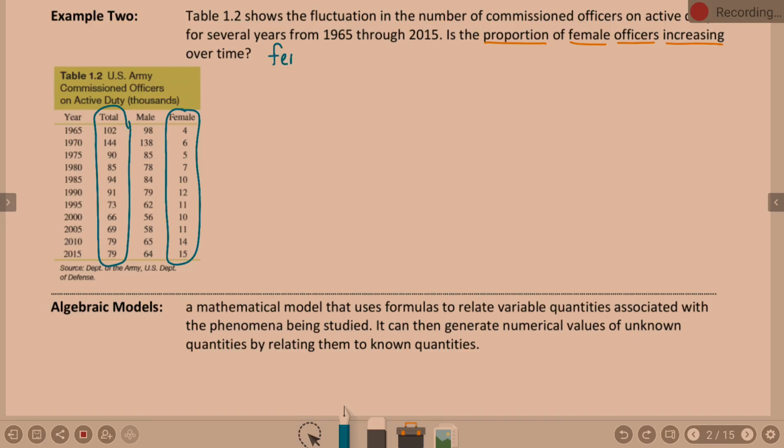So we are going to look at the females over the total. Or in other words, that would be females divided by the total, yes? Okay. Now, with that in mind, we have at least 10 data values, yes?